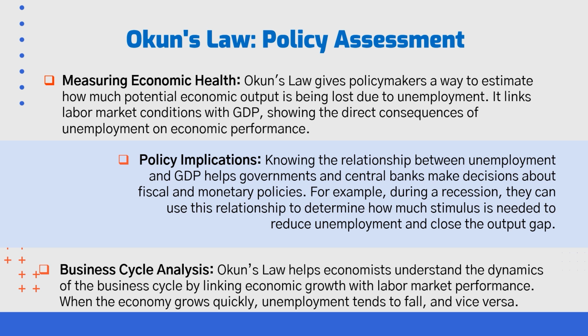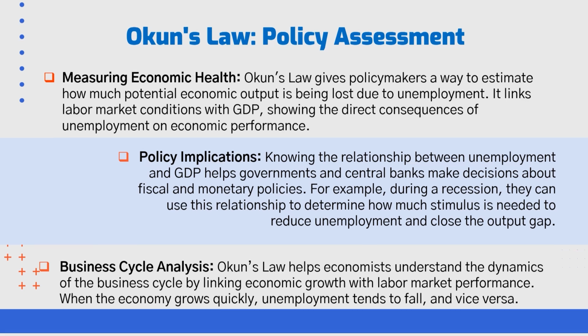Usually, they want to know the relationship between unemployment and GDP in order to make the right decisions about fiscal and monetary policies. And utilizing Okun's law, one can understand the dynamics of the business cycles and determine which phase the economy of the specific country is in right now.